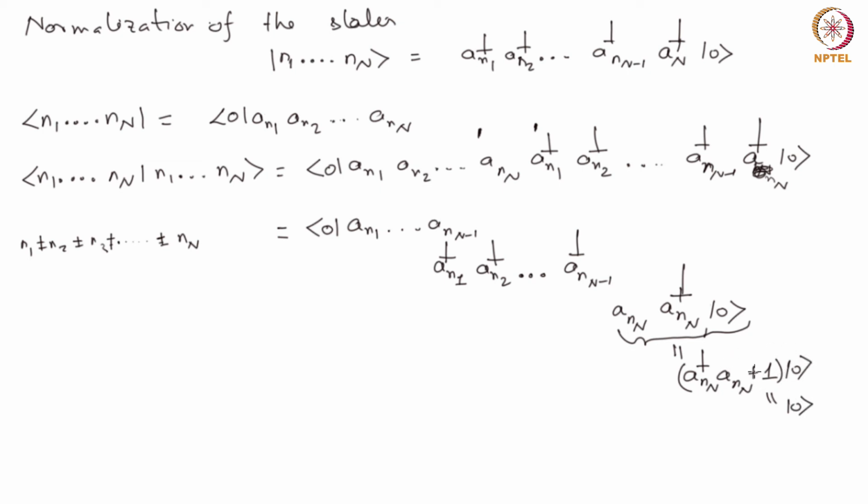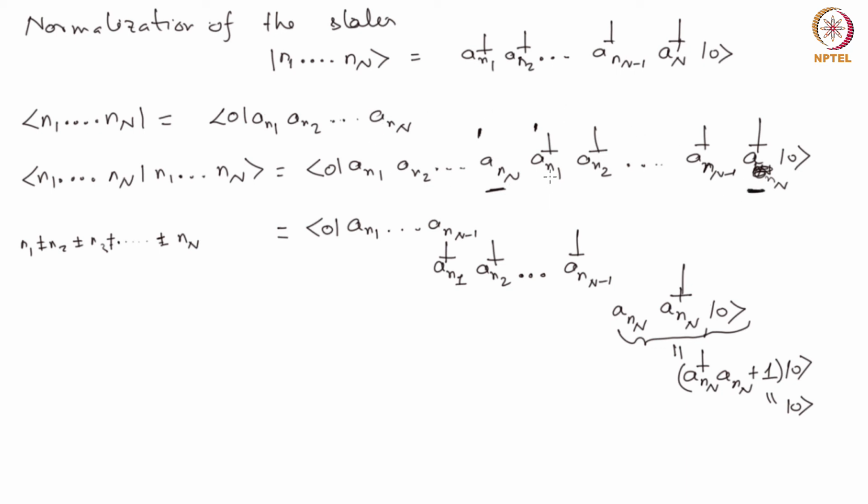Okay, so what I have effectively is a_{n1} to a_{n_{N-1}}, and then a_{n1} dagger up to a_{n_{N-1}} dagger, and this gives me just a ket 0. Okay, so this is same as what you have here, right? Except for the fact that this A and this A dagger, they are gone.